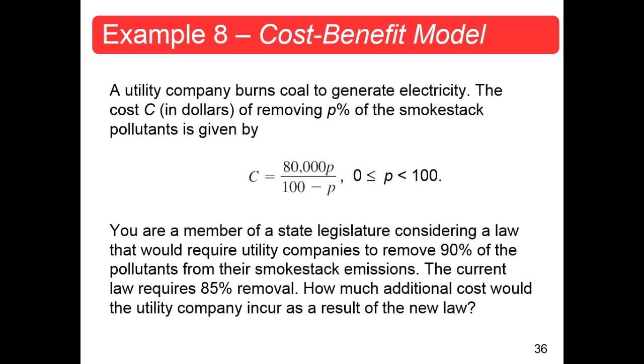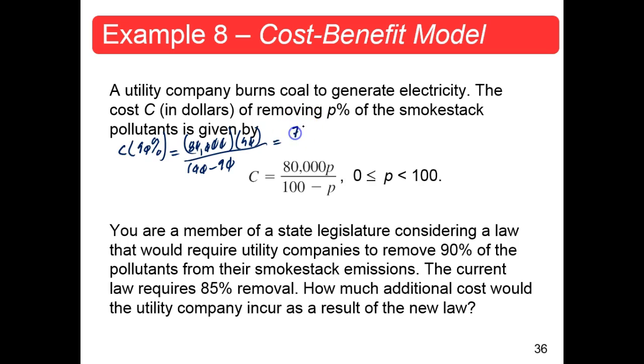Okay. Let's do C of 90. That would be 80,000 times 90. See, your numerator gets bigger, over 100 minus 90. Your denominator gets smaller. It's going to make for a big increase in cost.